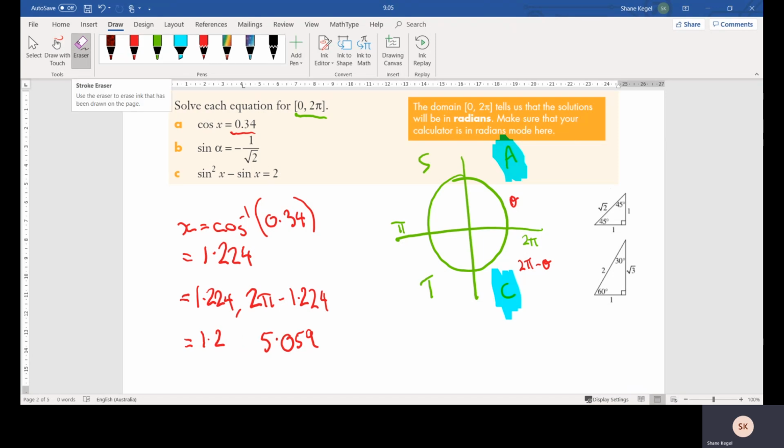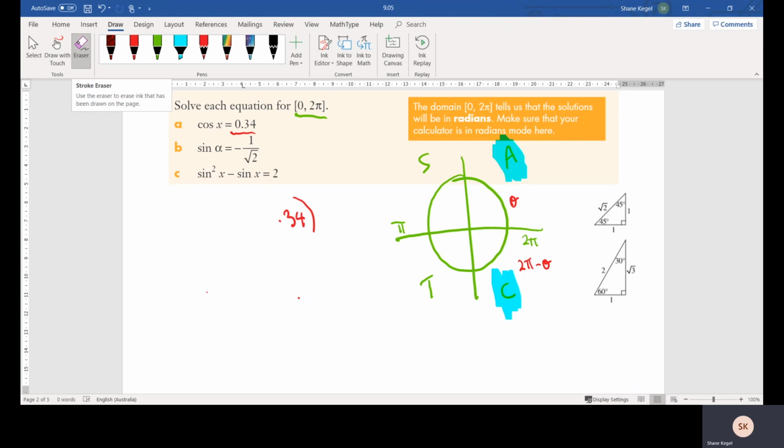Let's have a look at B. Okay, sine of an unknown angle equals negative 1 on root 2. So straight away, I can tell that that is an exact value. So I will be using my triangles to find my value of A, or the unknown.